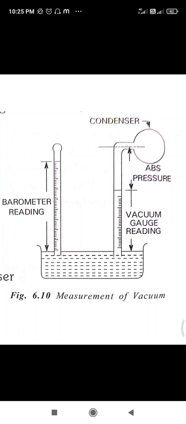We have some other efficiency, the condenser efficiency.